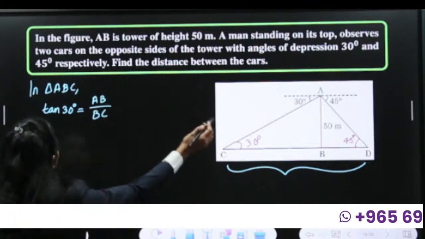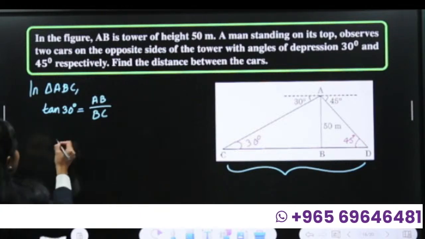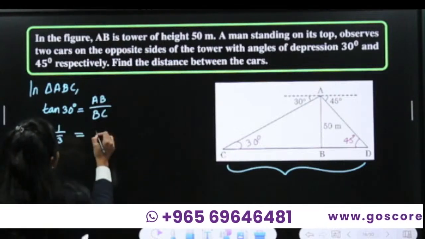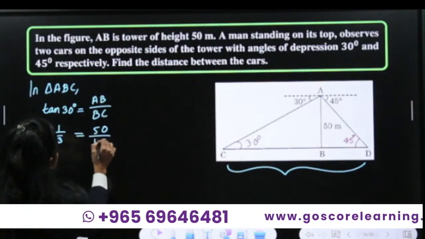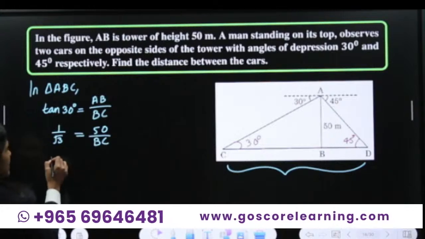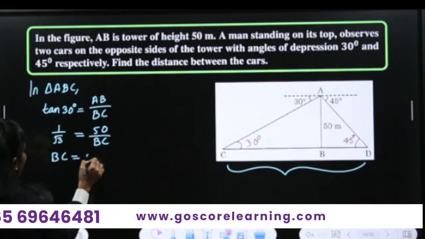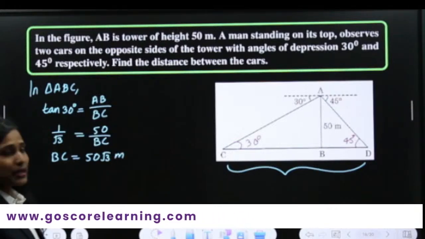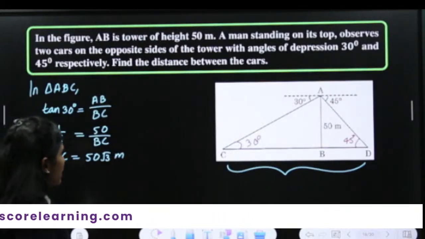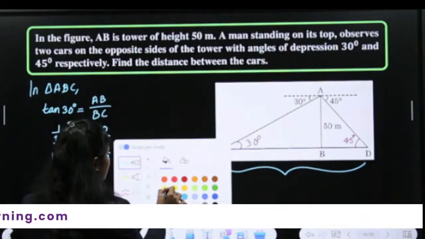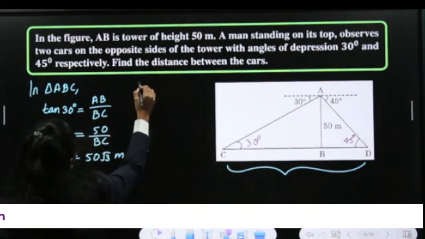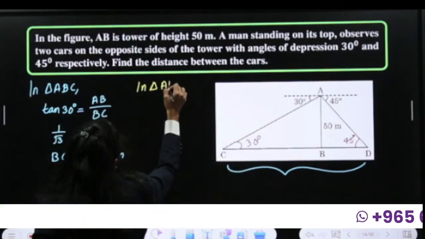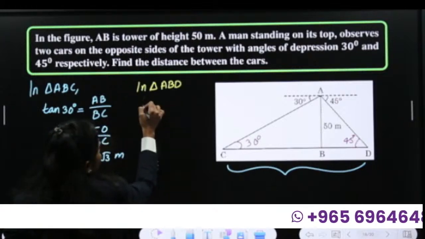So AB by BC. So tan 30 is 1 by root 3. So we get AB is 50 divided by BC. Now BC is equal to 50 root 3 meter. So you got BC. Now take the next triangle. So in triangle ABD, we have tan 45.